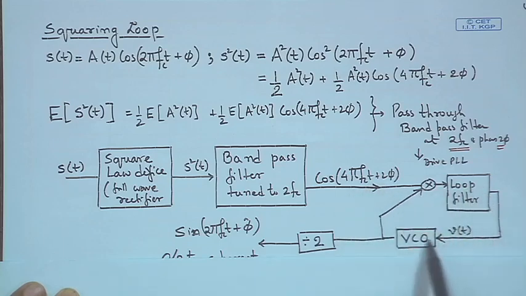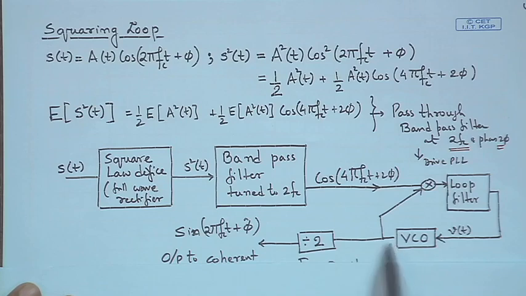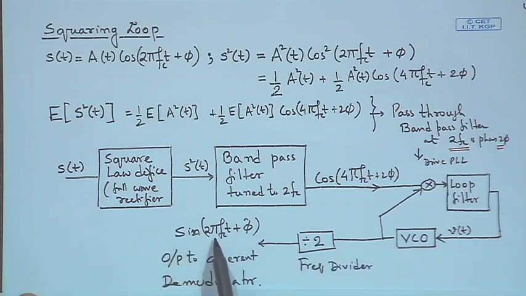It produces the signal which is at 2 f_c and send it through a VCO. It will produce 2 f_c, send it through a frequency divider, and you are going to get sin(2 pi f_c t + phi cap). This way you can generate the reference signal at the receiver and recover the carrier phase.